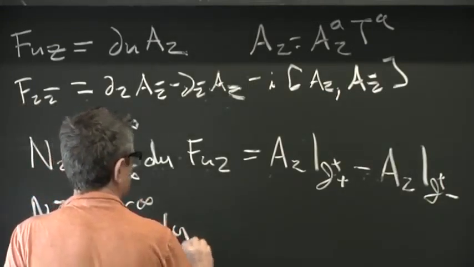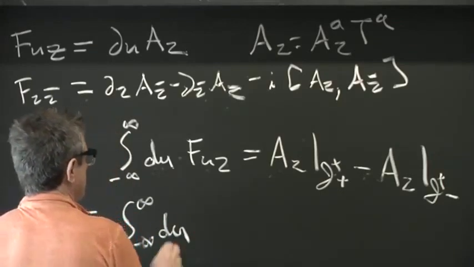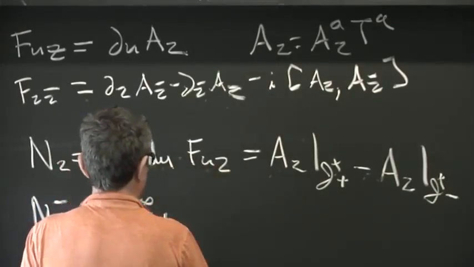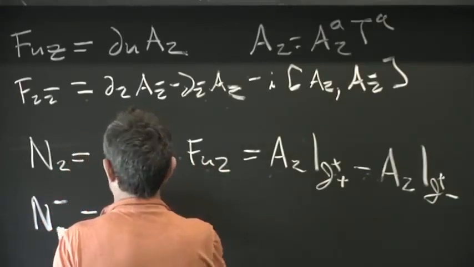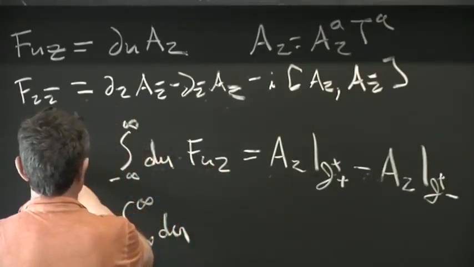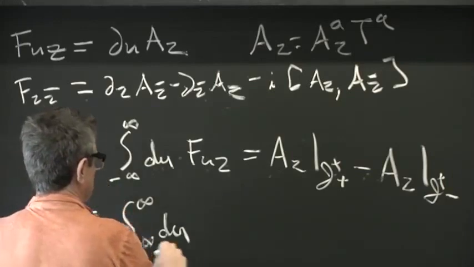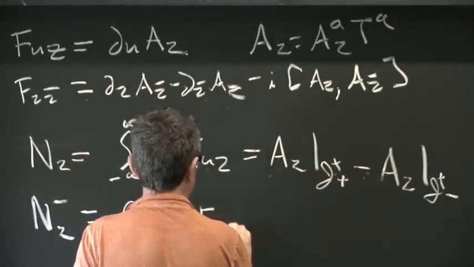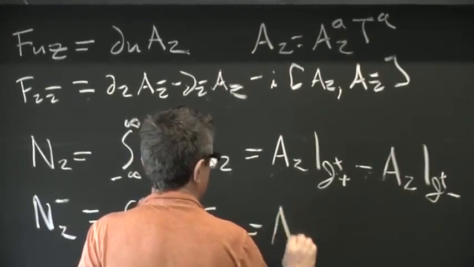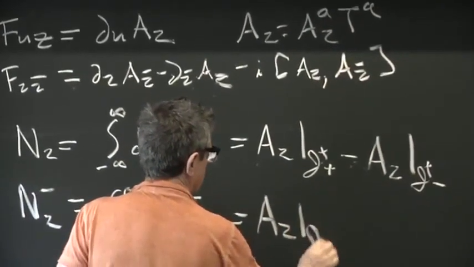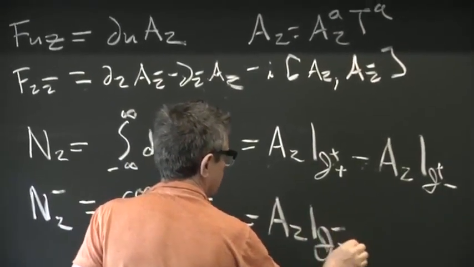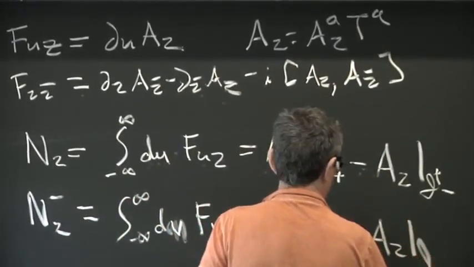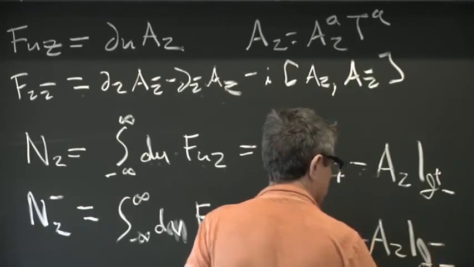All right. And then we also defined an N_z on scri minus, which was the integral from minus infinity to infinity du, and by the way, I'm only integrating over u, not z and z̄. So this is some one form on the sphere. dv F_vz, which again would be A_z evaluated at scri minus plus minus A_z at scri minus minus.